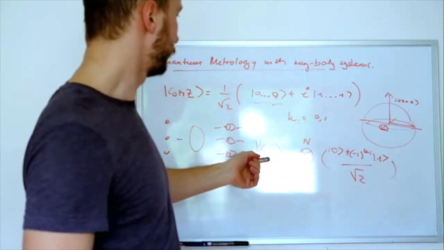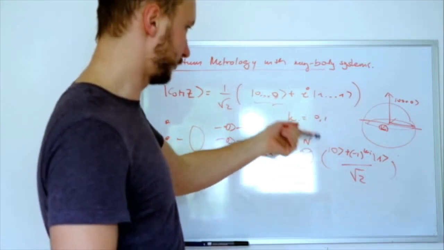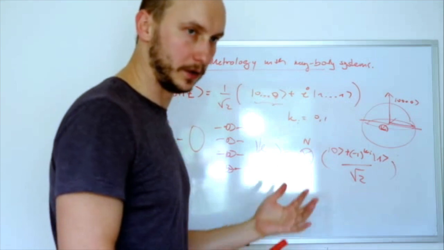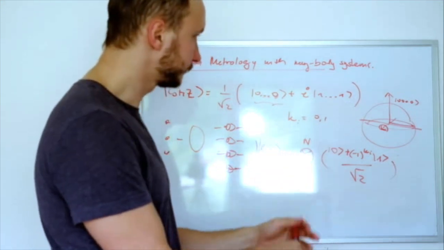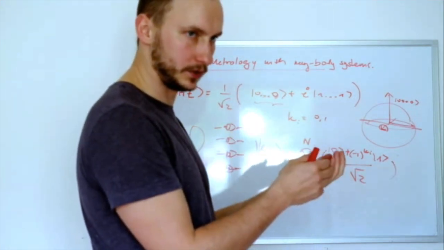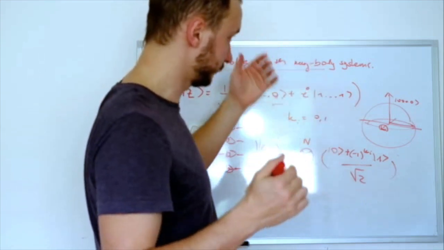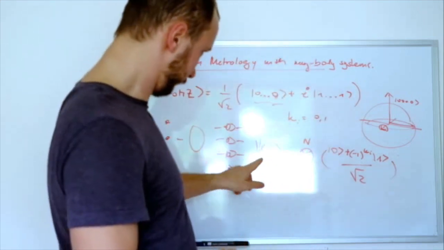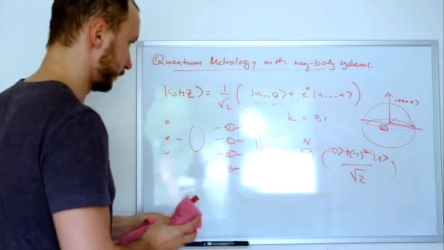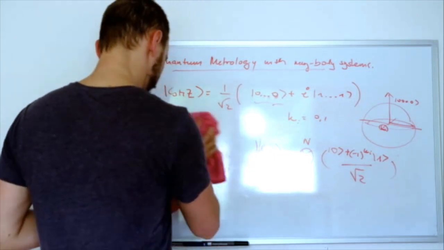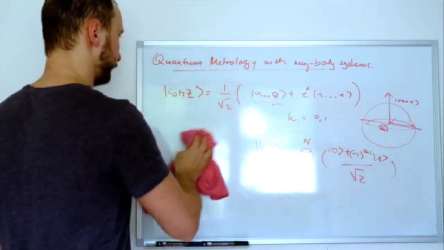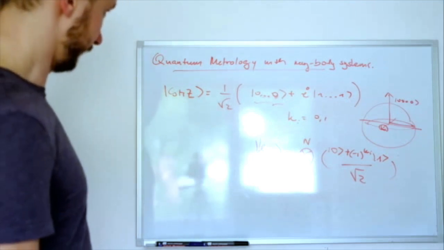Measuring this eigenbasis is like measuring each party in the x basis, sending the outcome to the central station, and constructing k, putting the outcomes all together. So let's compute the probability of having such a measurement.